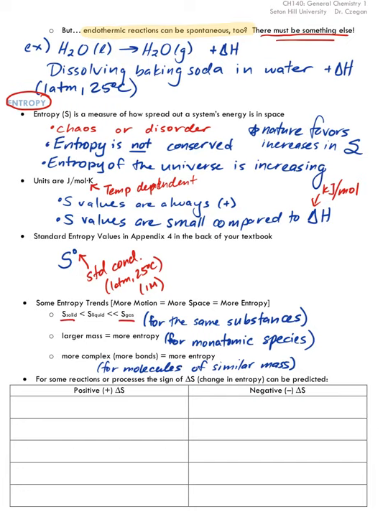As I mentioned above, we are sometimes interested in the change in entropy, delta S. So we're looking at how the entropy changes throughout the process of a reaction, from reactants to products. There are a few reactions or processes that we can predict the entropy changes for.